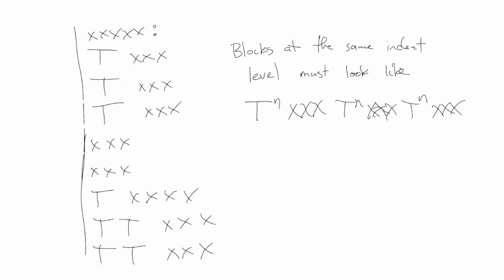What it looks like is some amount of tabs followed by some stuff, followed by the same amount of tabs and then some more stuff, and then again the same amount of tabs and then some more stuff. All right? Such a language cannot be context-free because of this sort of three times repeated matching exponent here. All right?